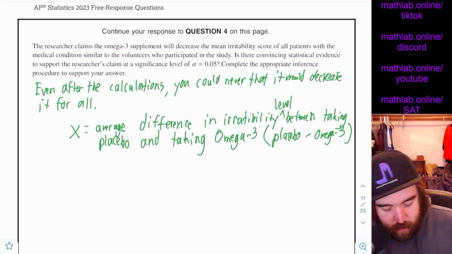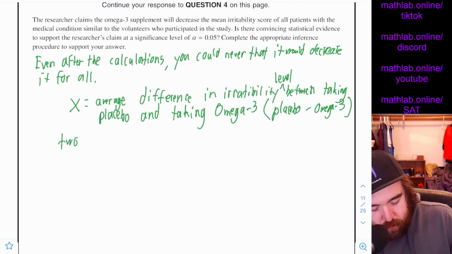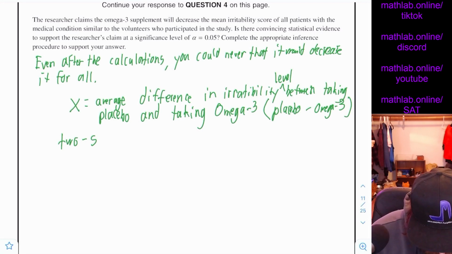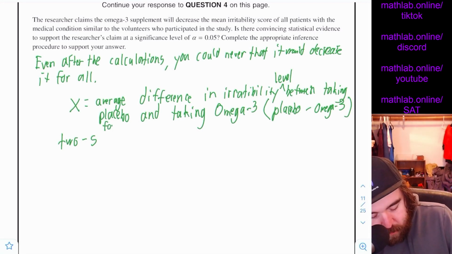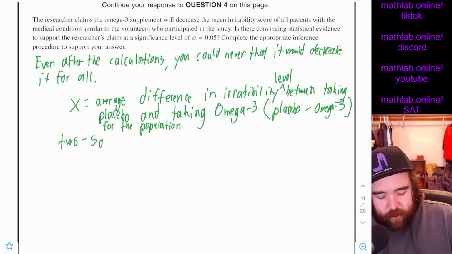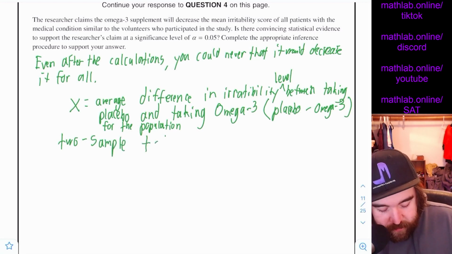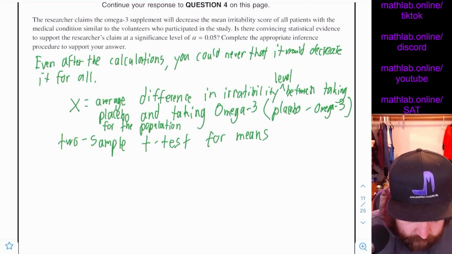Irritability level. Okay. Then we're going to state that we're going to do a 2... I'm going to throw in a little for the population, just to be clear. So we're going to do a 2-sample T, let's not forget T test for means.